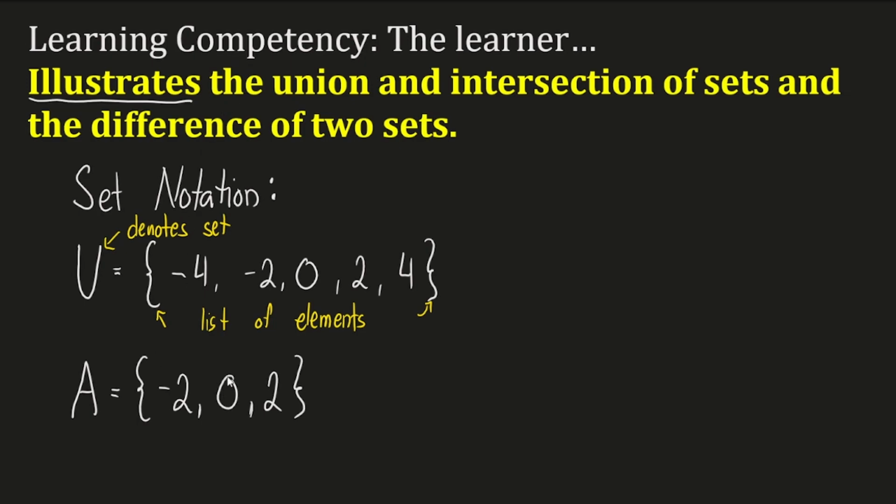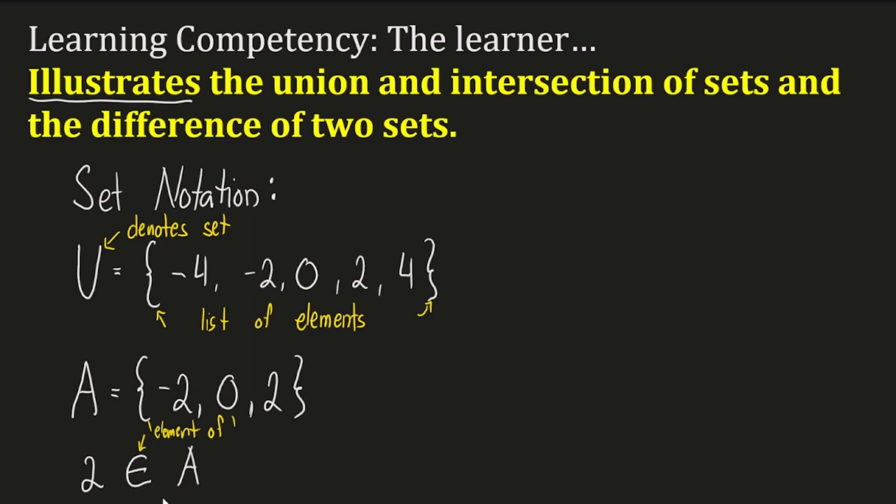Now, how do we say that 2 is inside of A? We will use this symbol. It's like an E. There you go. So 2 is an element of A, so this one denotes element of.